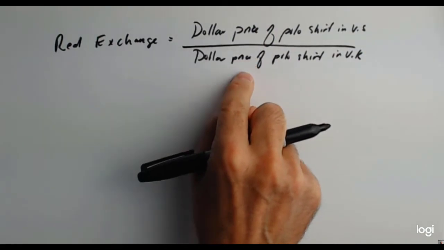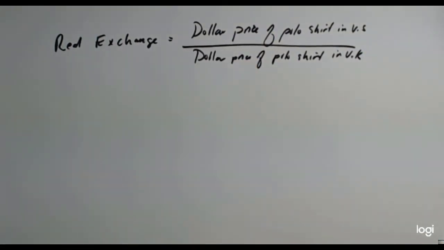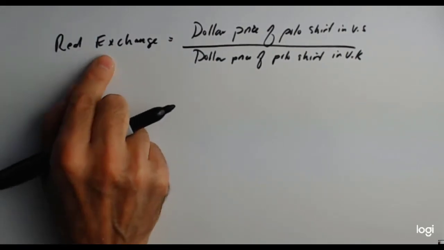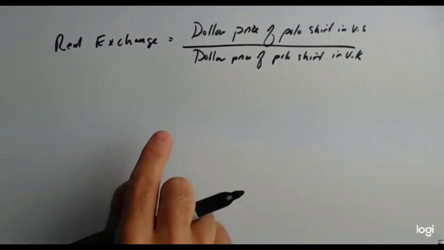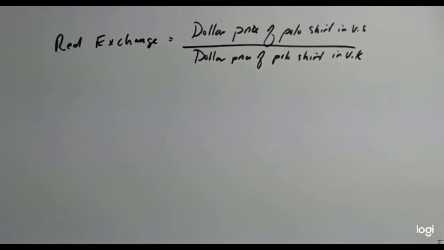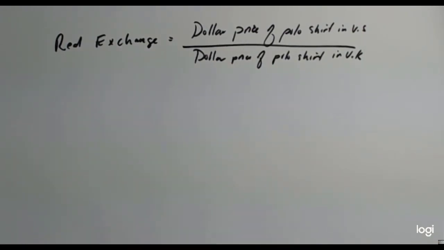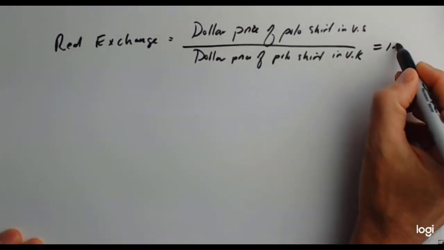Now, this is in dollars, this is in dollars. The dollars cancel out, so there's no real units associated with this real exchange rate. But the real exchange rate is telling you, if we could exchange shirts from one country to the next, what would be the number of units of shirts that we could move from one country to the next? Well, if the law of one price holds, then this equation will equal 1.